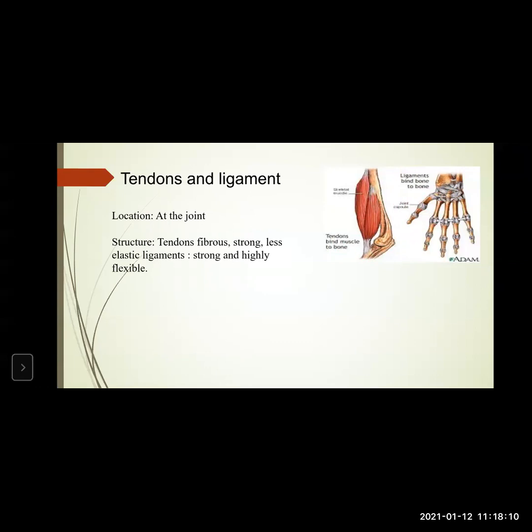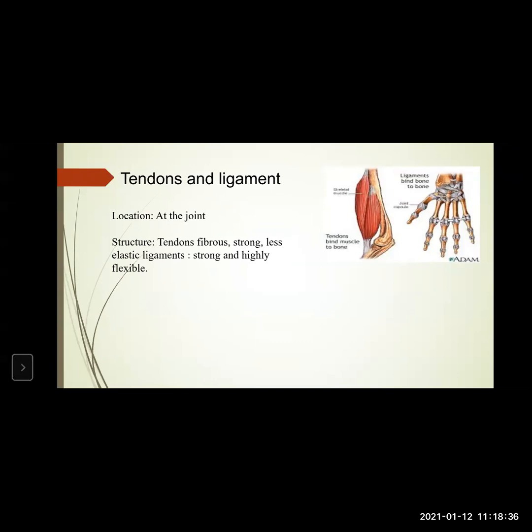Structure: tendons are made up of strong fibers and they are less elastic. It is actually known as collagen fiber. The protein type in that is collagen. So it is made up of collagen fiber and hence tendons are stiff.